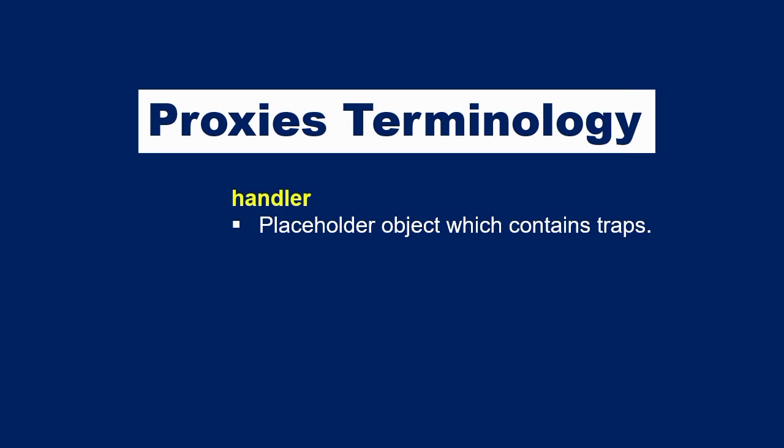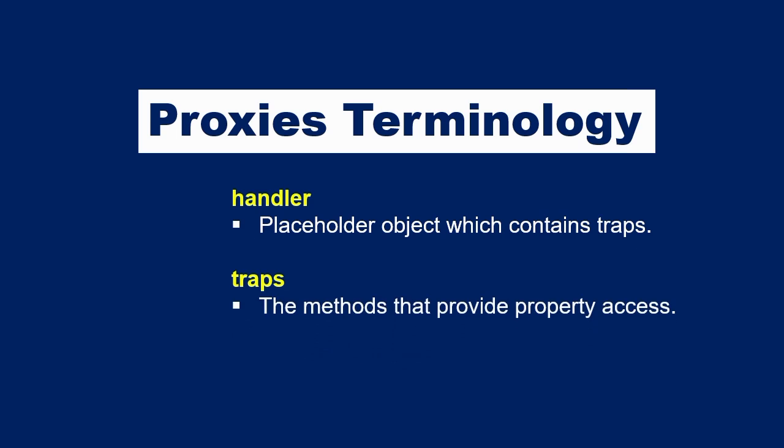The next terminology is known as traps, and basically traps are the methods that provide property access. So they live inside the handler. And the final terminology is called target, and this basically is the object which the proxy virtualizes.